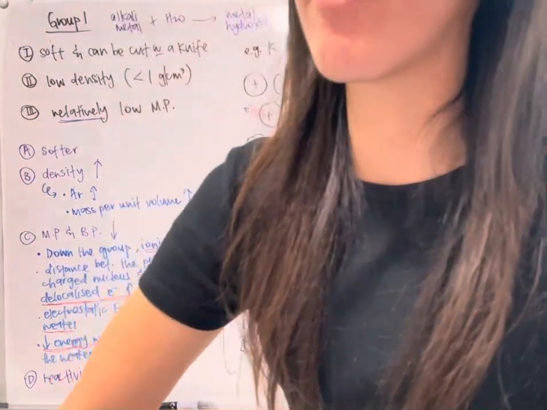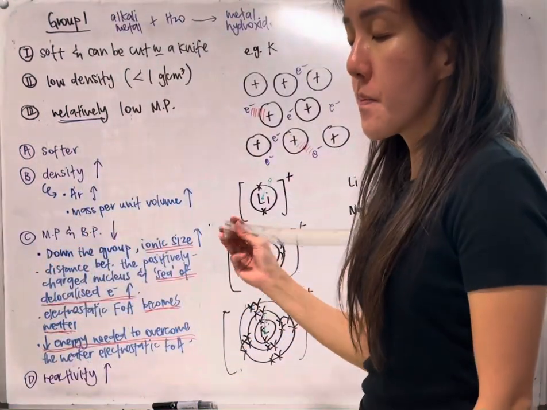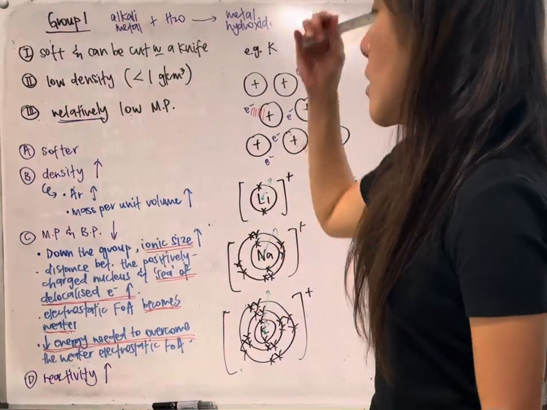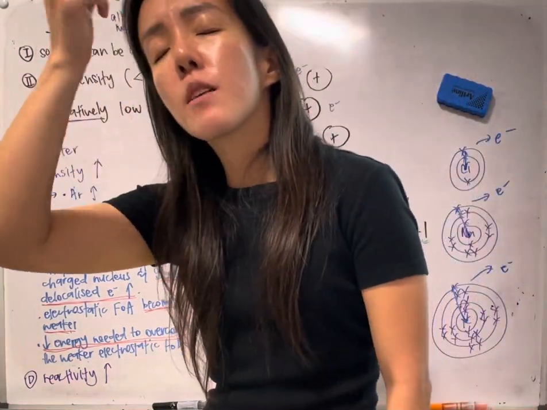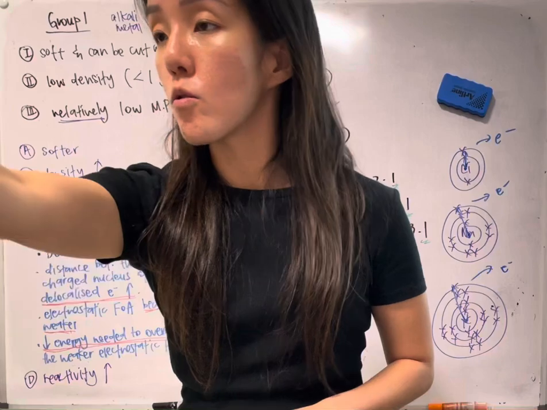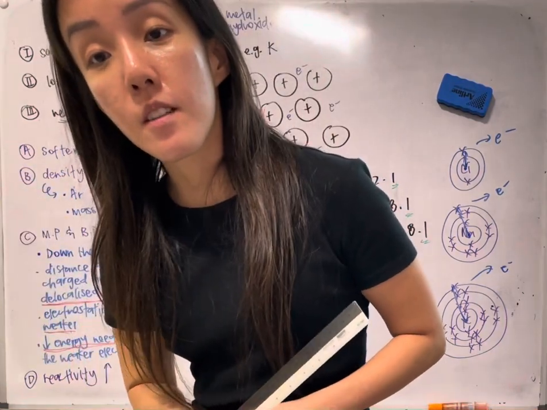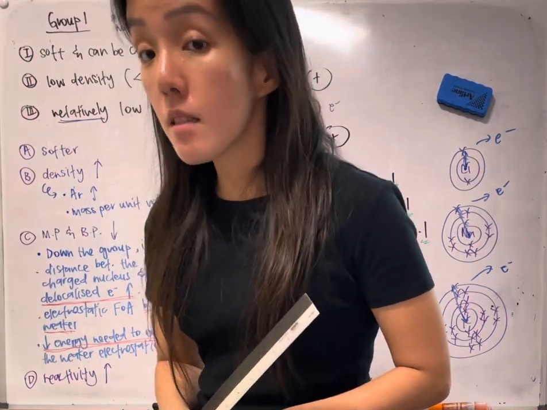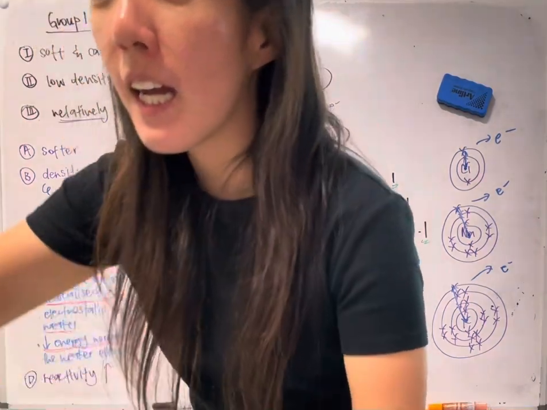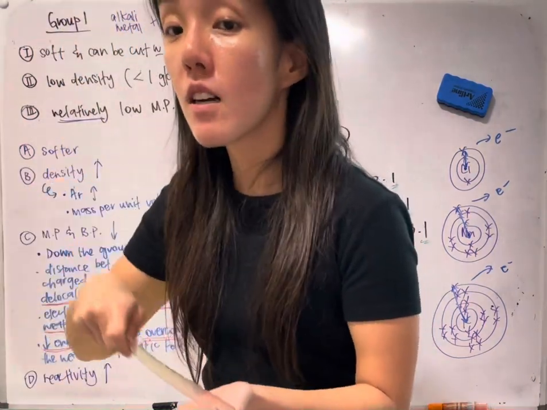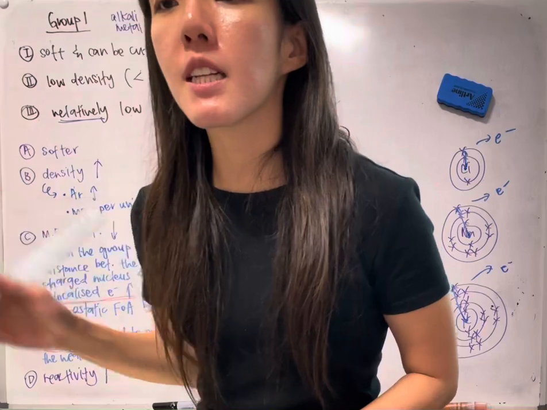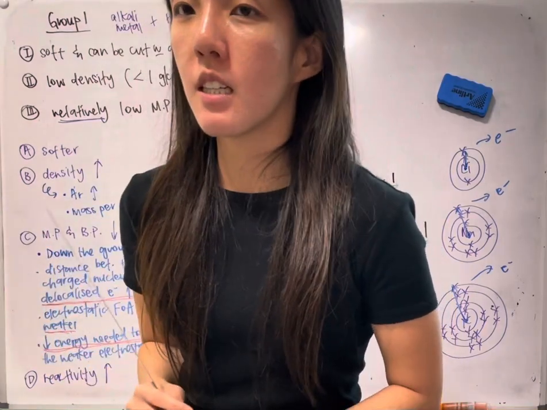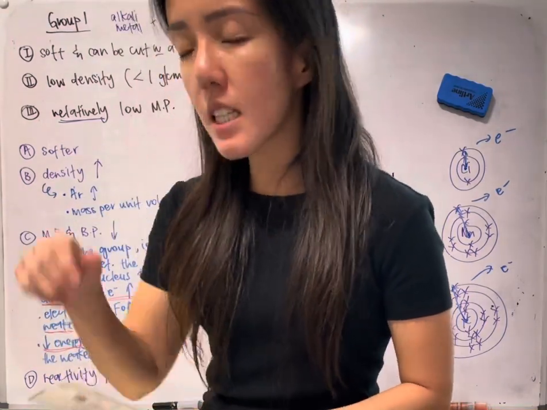Ready? Let's go through one round. Starting with you, Zitian. What's the first unique property of group 1? The metal becomes softer. Do you stop there? It's easier to cut, very good. Second property that makes group 1 metals unique? Density increases.